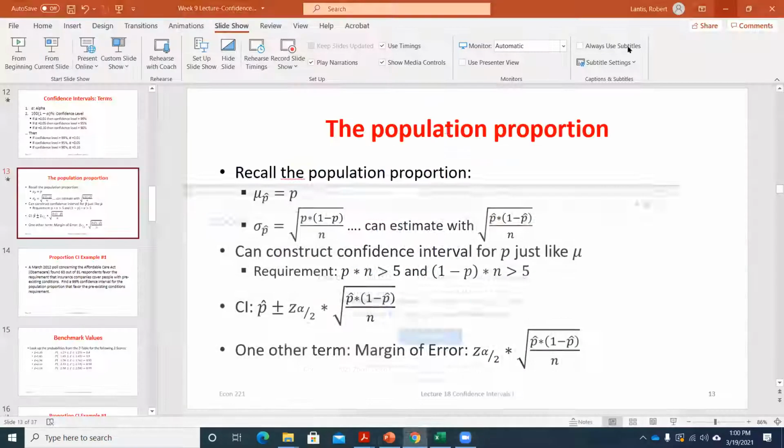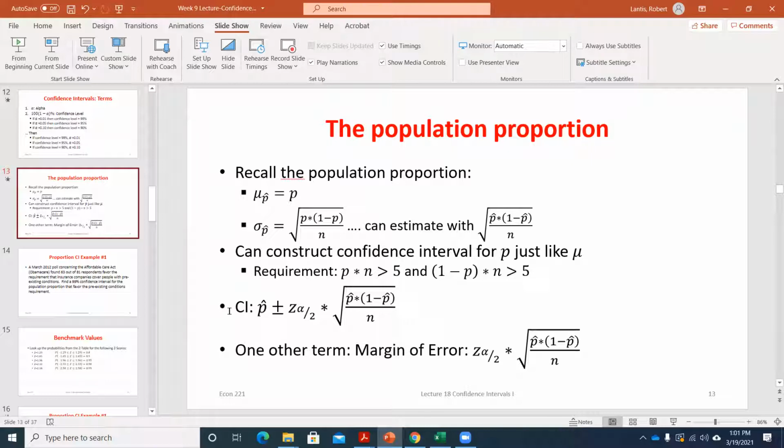All right. So where we left off was talking about how we can build confidence intervals for a sample mean. Well, the sample proportion is really just a special case of the sample mean, where we're looking at the mean of a 1, 0 variable. So we ended class with finding the confidence interval for the true population proportion using a sample proportion.